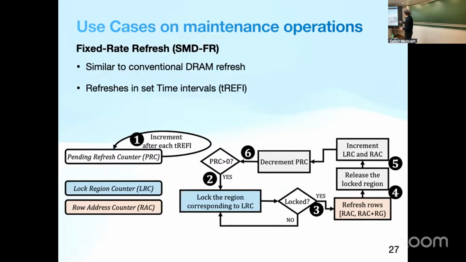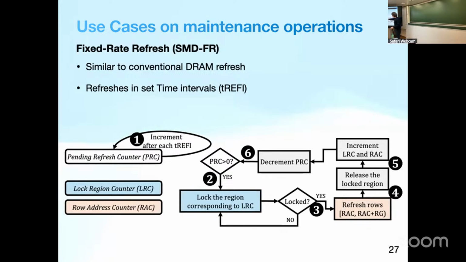So first we have the fixed rate refresh. Although this looks quite complicated, it's actually quite simple. We have the pending refresh counter. This just makes it so that new refreshes will be performed. Then we have a lock region and a row address counter, and these just decide where we actually will perform the refreshes.